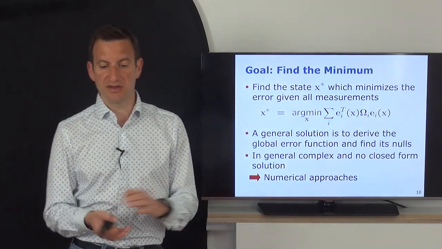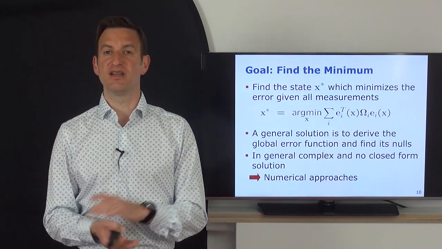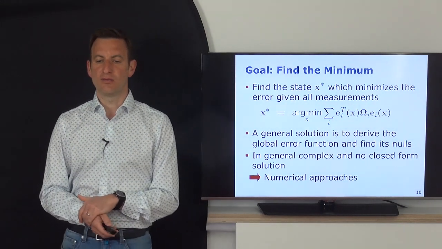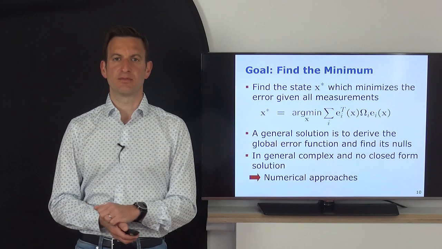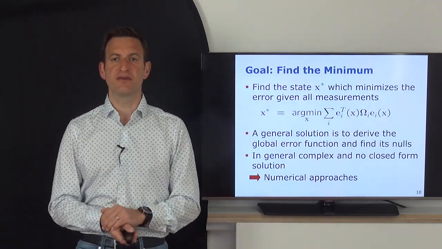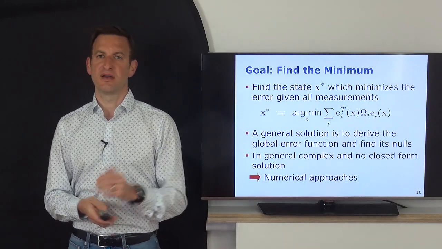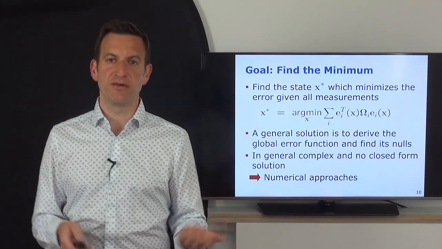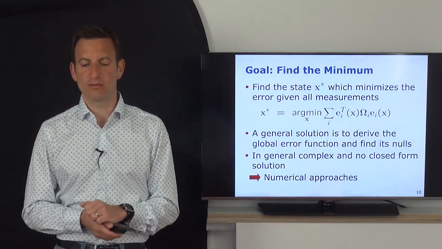And in general, this is a complex problem, especially depending on how this function f actually looks. So in practice, we need numerical approaches in order to solve that problem. And typically, this function f is also a nonlinear function. So this can lead to situations where we may not even be able to find a good solution for our problem.